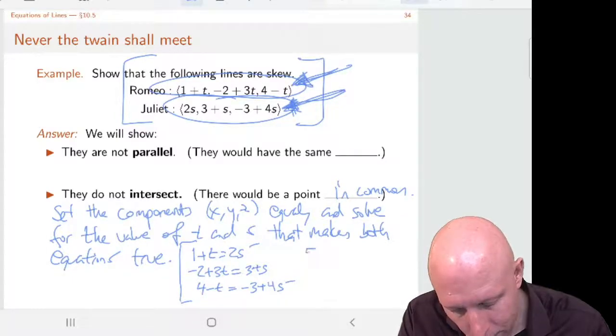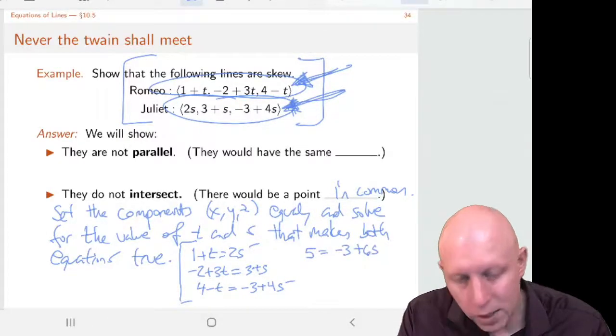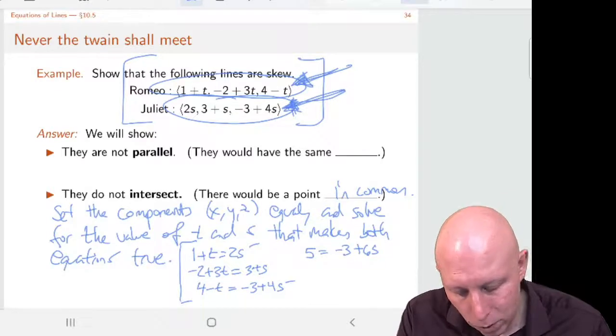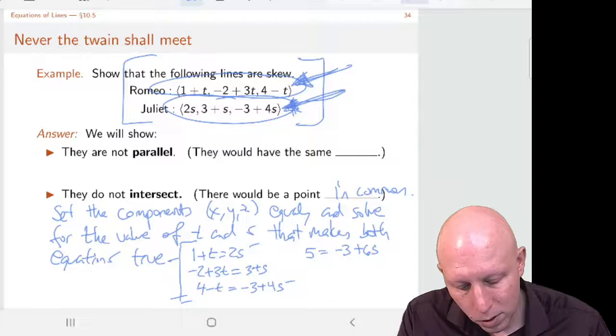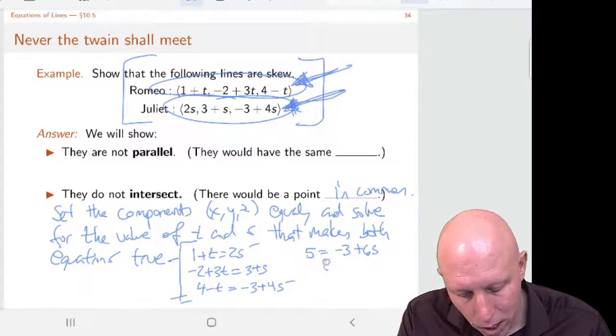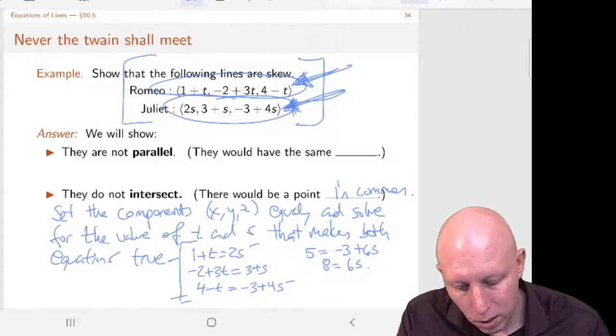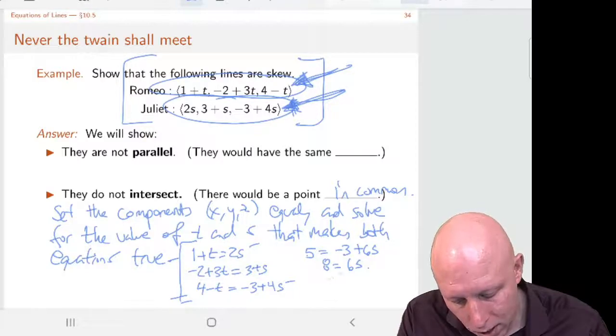We get 5 equals negative 3 plus 6s. So if both of these two equations hold, then 5 is equal to negative 3 plus 6s, which means that 8 is equal to 6s. So s is equal to 4/3.